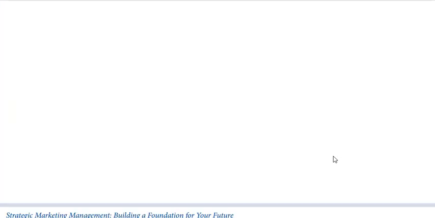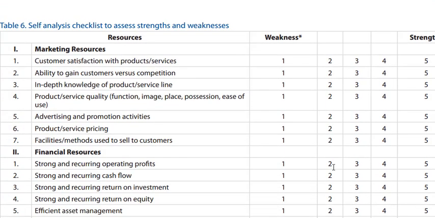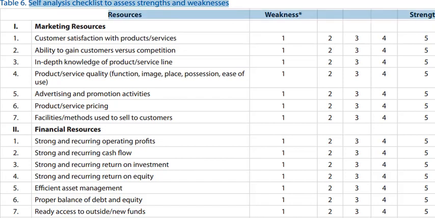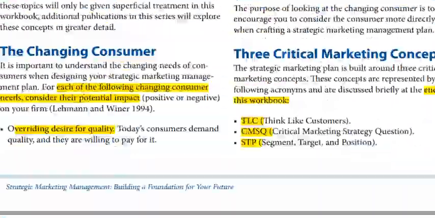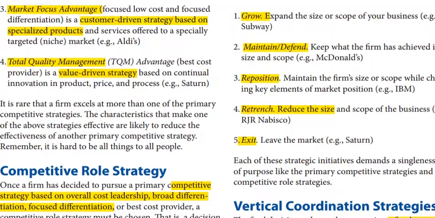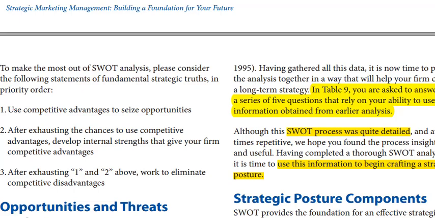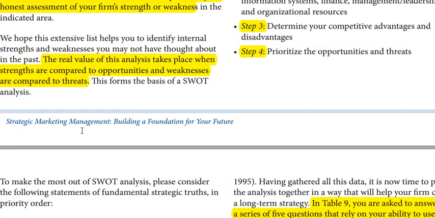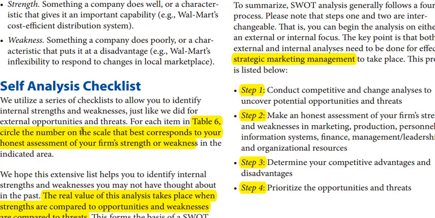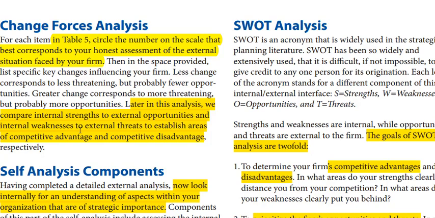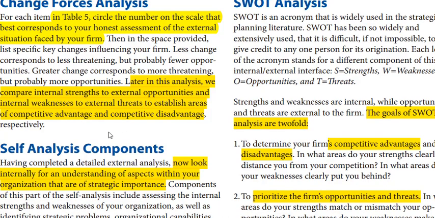After completion of this table, we will move on to table number 6, that is the self-analysis checklist to assess strength and weakness. As we have talked earlier, our analysis will be based on how things work in the market externally and inside the organization. And we were talking about the self-analysis component.